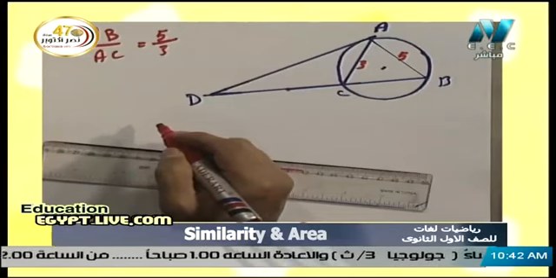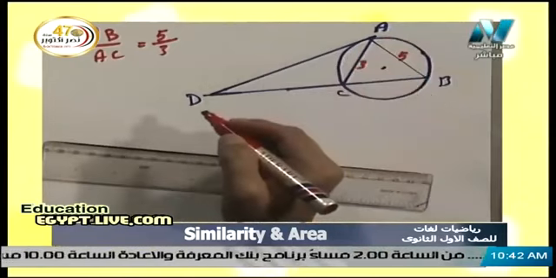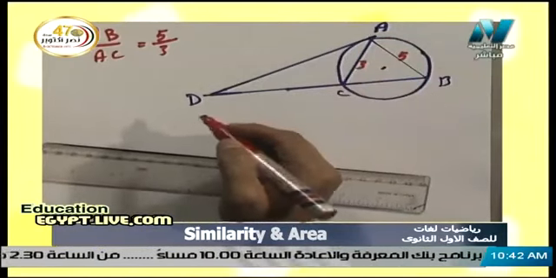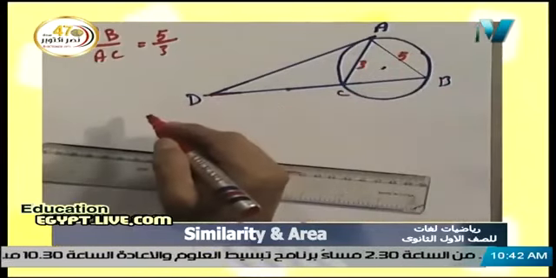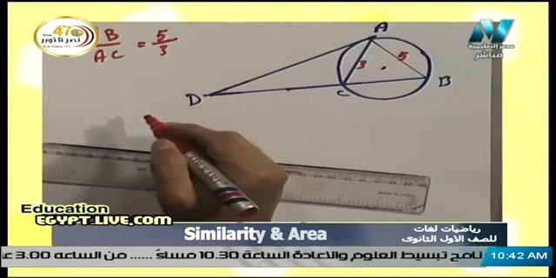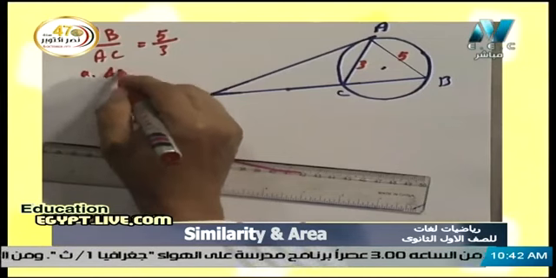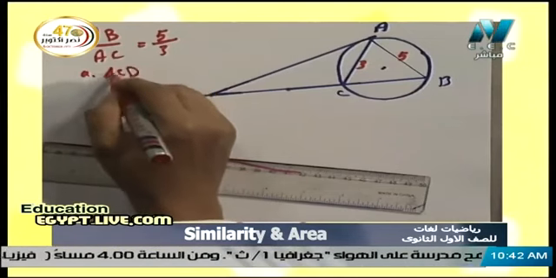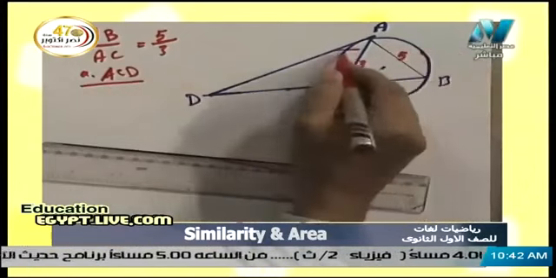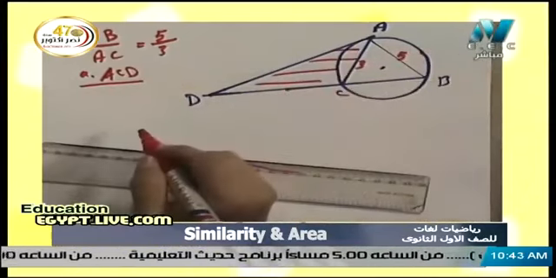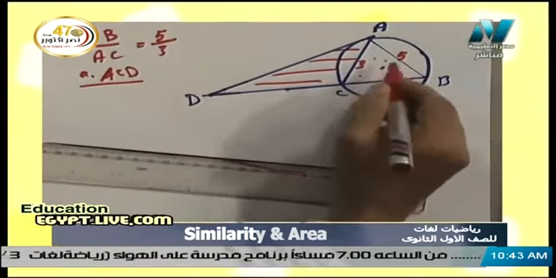And we have drawn AD as a tangent to intersect BC at D, as we said before. The request is to find the ratio between the area of triangle ACD and the area of triangle ABC, this one.